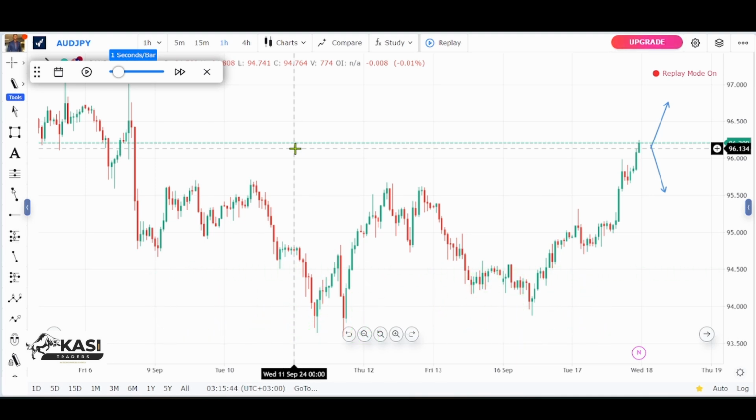Now, to identify that this is an uptrend, we need to see a low followed by a higher low. We need to see a low followed by a higher high, and we also need to see a high followed by a higher high. This is basically what I mean.